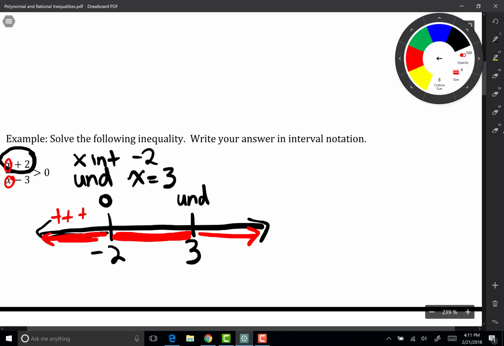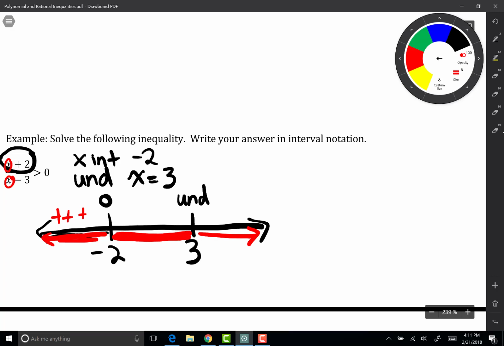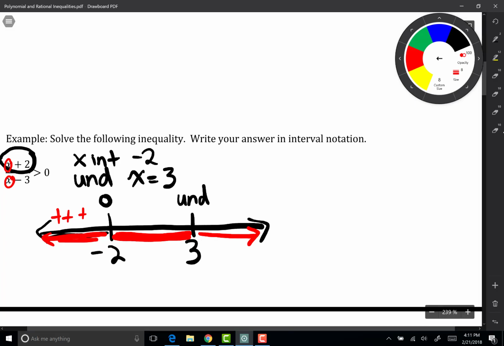Let's say I plug in 0 as my test point, I'm going to plug it into these 2 values of x right here. And when I do that, I'm going to get a negative number. And then I'm going to plug in a number bigger than 3 on this interval right here. Let's say we plug in 4. That is going to give me a positive number.